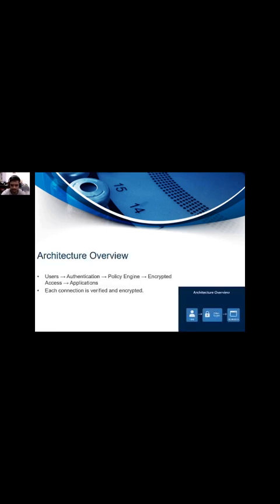Architecture overview. A typical zero trust architecture can be visualized as a sequence of checkpoints: user authentication, policy engine, and encrypted access to applications. Here is how it works. Whenever a user tries to access an application, the request goes to an authentication system and then to the policy engine, which decides whether to allow or deny the access.